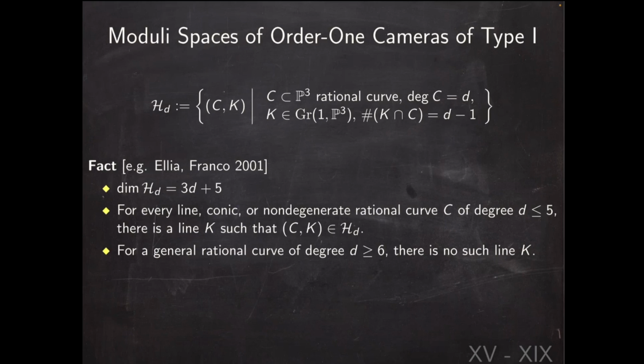And it's interesting because in most applications, if you make this assumption that your camera follows a curve, you want to work with low degree curves anyway. So it's nice to know that you don't have any restriction on the curve. It could move on any curve, and you just have to find an appropriate line.